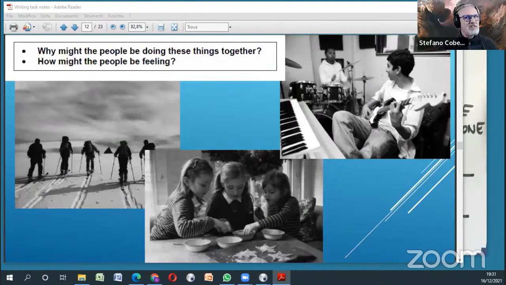I would use the word children, or these children are playing together. You may think that I'm a little bit more formal, but it just doesn't have quite the right, let's say, register.